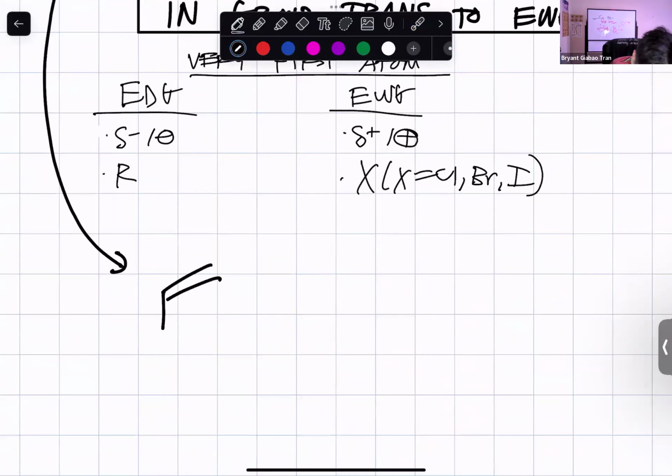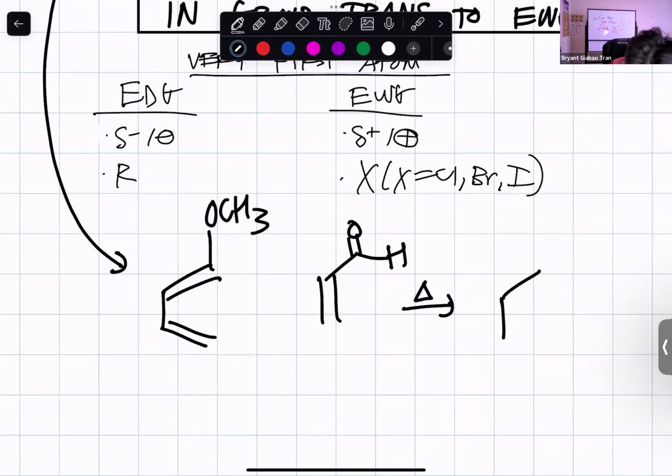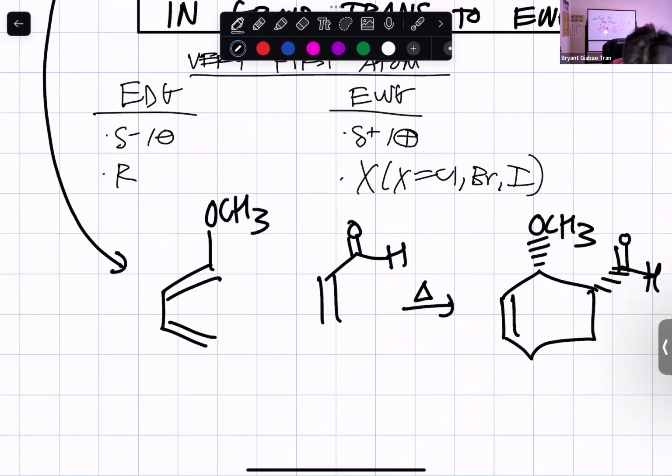If we have this diene right here and dienophile right here with this EDG and this EWG, and we react that with heat, this is the product that we are going to get, right? And if we use the endo rule, we want those groups to be cis to each other.